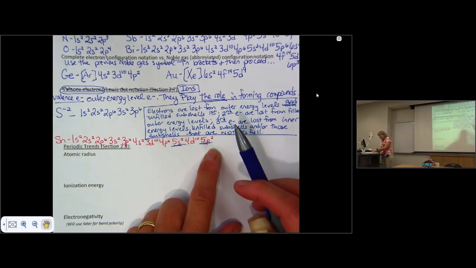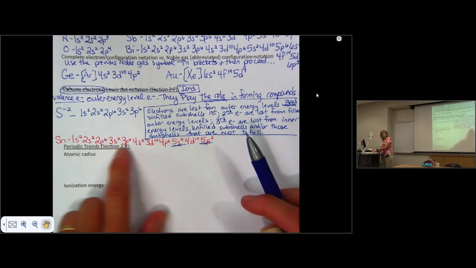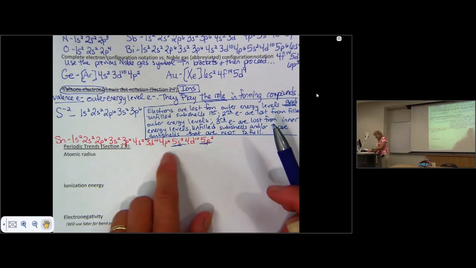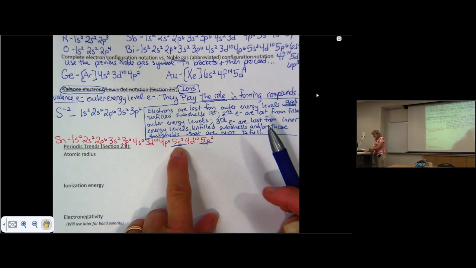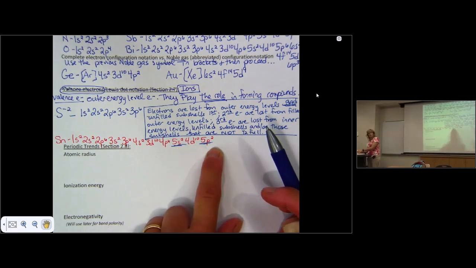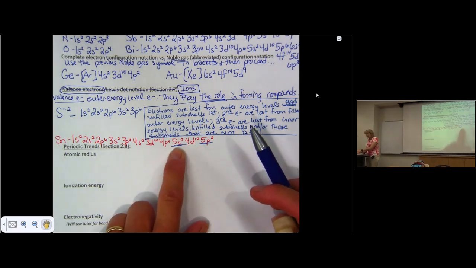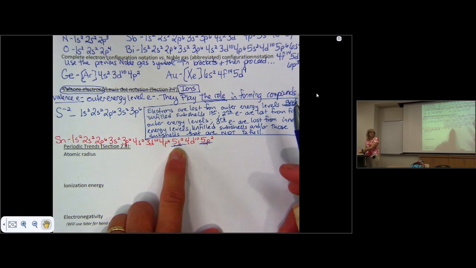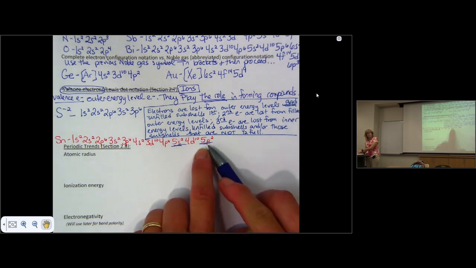If you wrote out the electron configuration notation for lead, you would see exactly the same thing, except it goes farther. And instead of ending in 5s2, 4d10, 5p2, it ends in, say it with me. You say it too, Sophia. 6s2, 4f14, 5d10, 6p2.